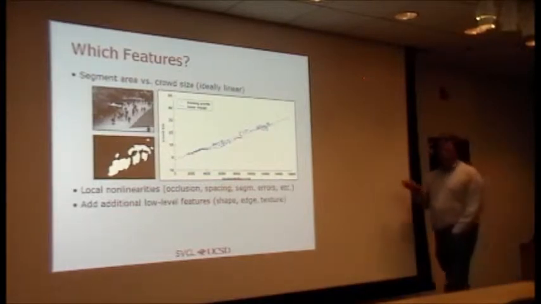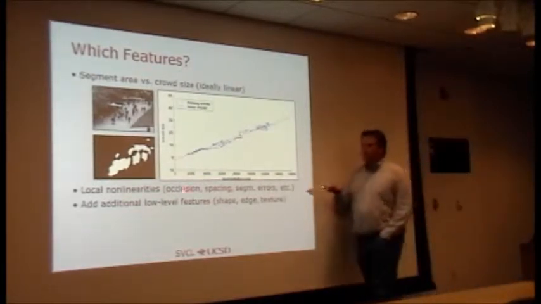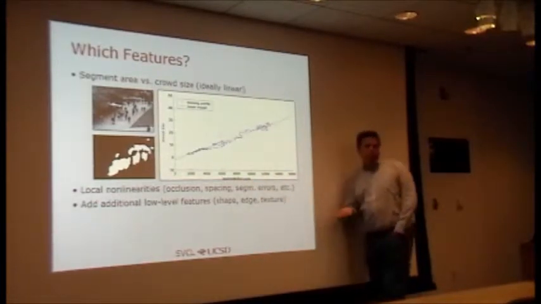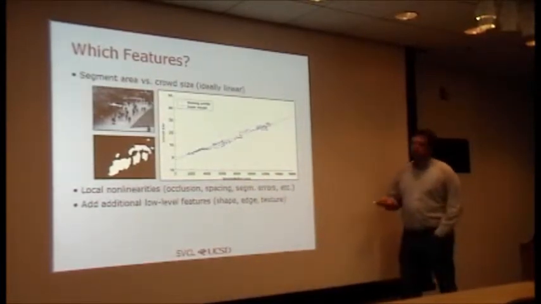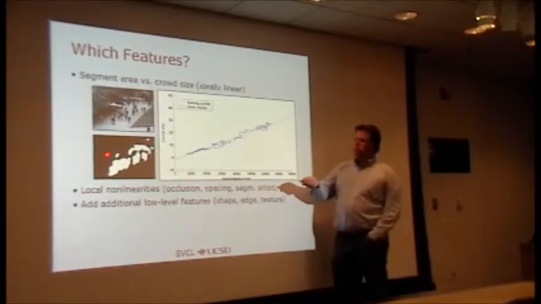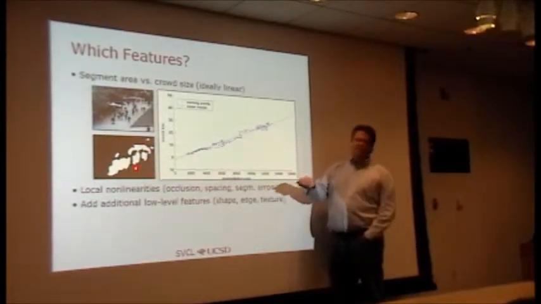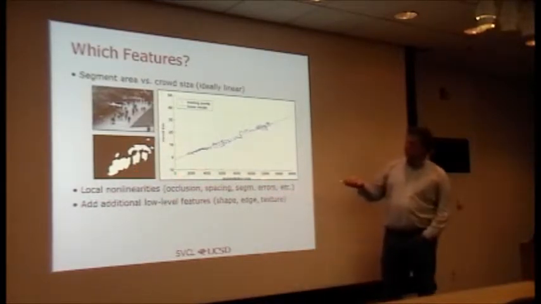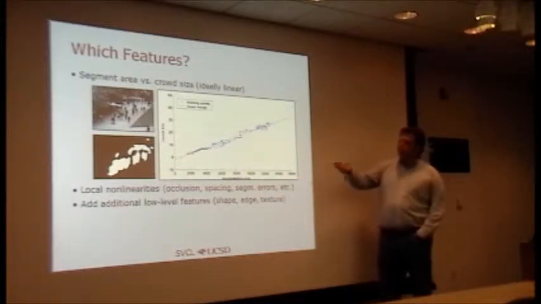Okay. So why should this work? Well, obviously the properties of these regions are going to be proportional to the number of people inside these areas. In a perfect world, you should be able to do a lot just by looking at the size of these regions. That's what's shown here. This is the plot of the segmentation area versus the number of people in the scene.